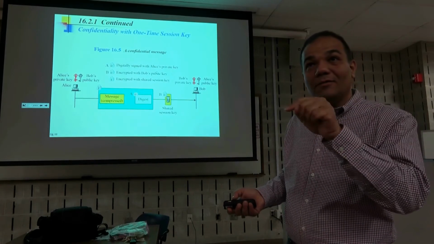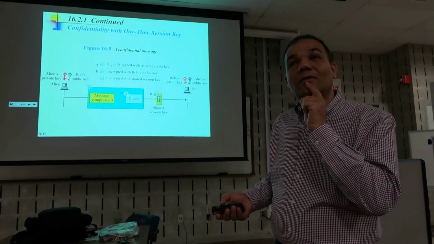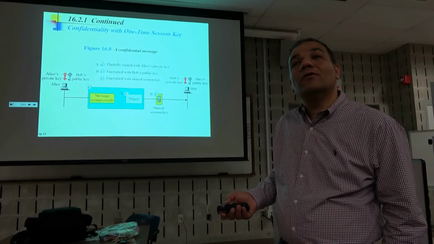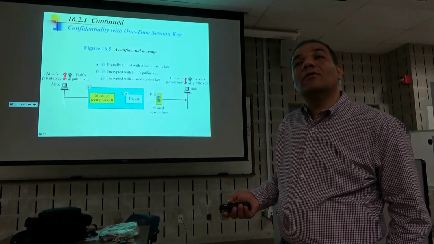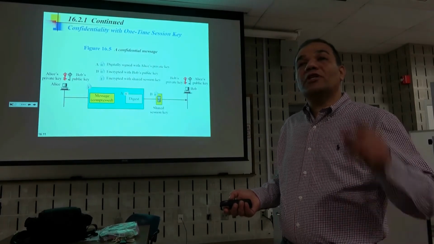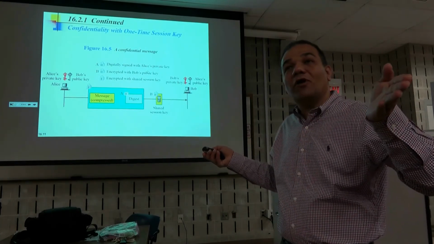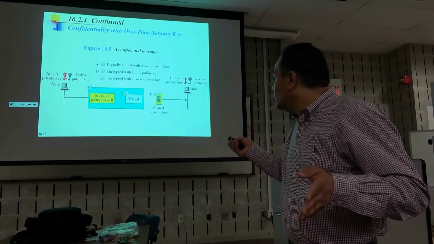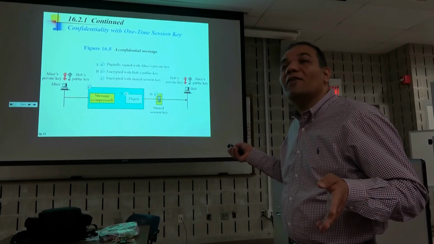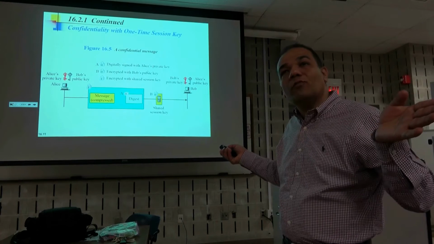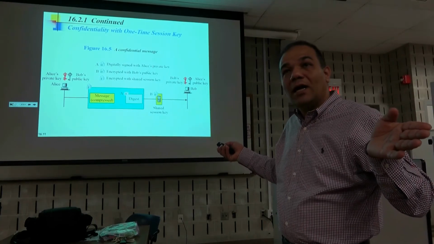What I thought is, if he's sharing his private key with everyone, then what is the purpose? He's not sharing the private key. Remember, Alice has a public key and a private key. Alice signs using her private key. Nobody knows the private key except Alice.